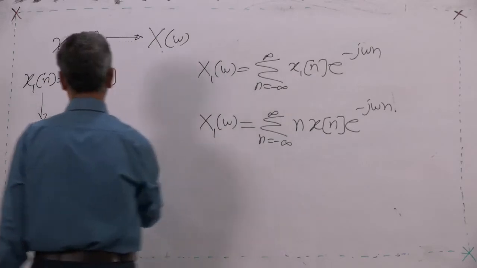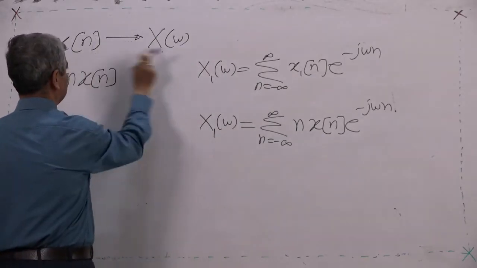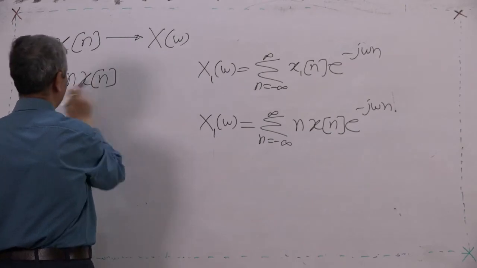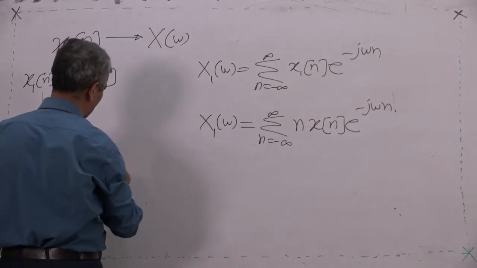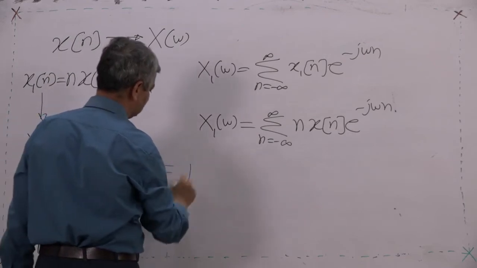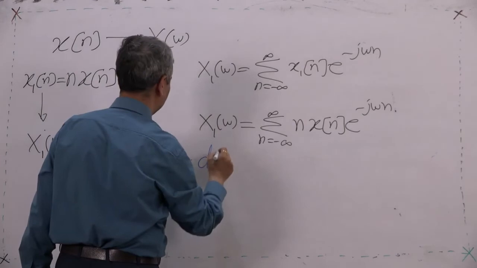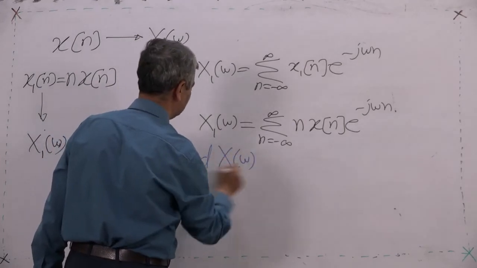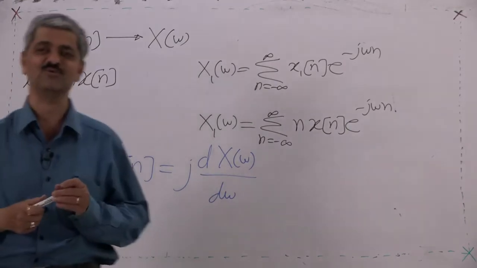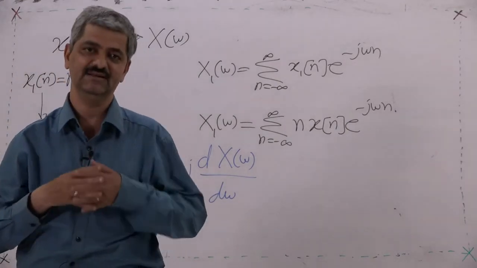this: if x[n] gets transformed to X(omega), then x1[n], which is n x[n], has DTFT j dX(omega)/d omega. That is the derivative property of DTFT.